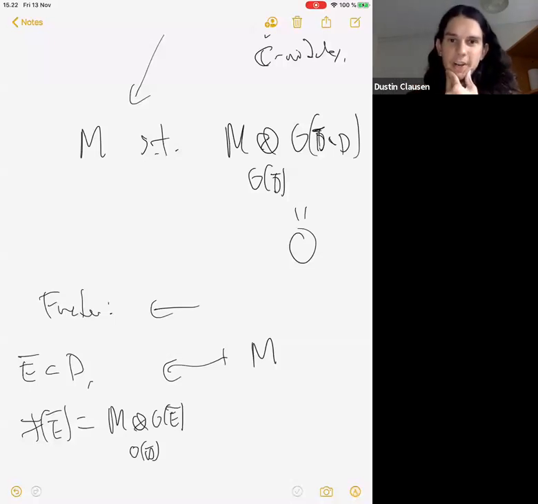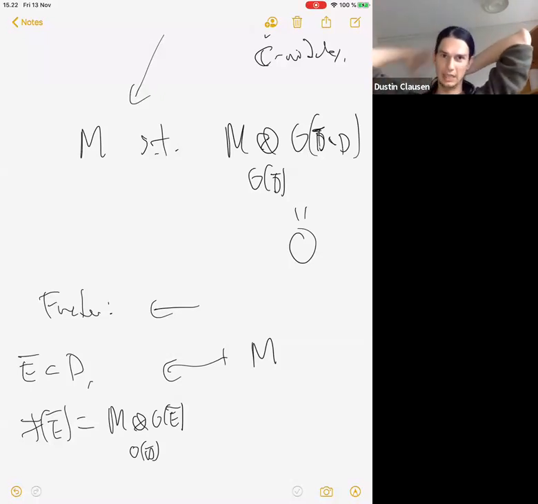So you just take the algebraic base change from the functions on this closed disk here, and that will automatically be a sheaf and satisfy the quasi-coherence condition.